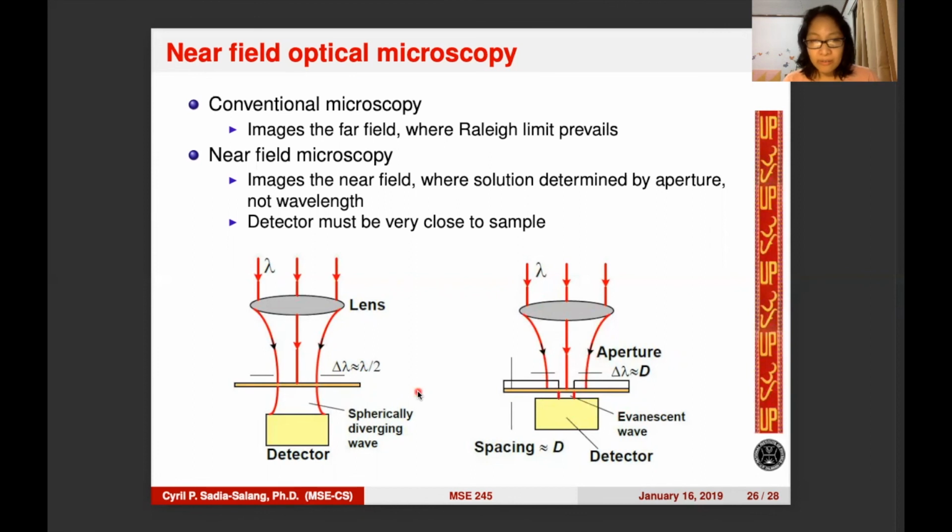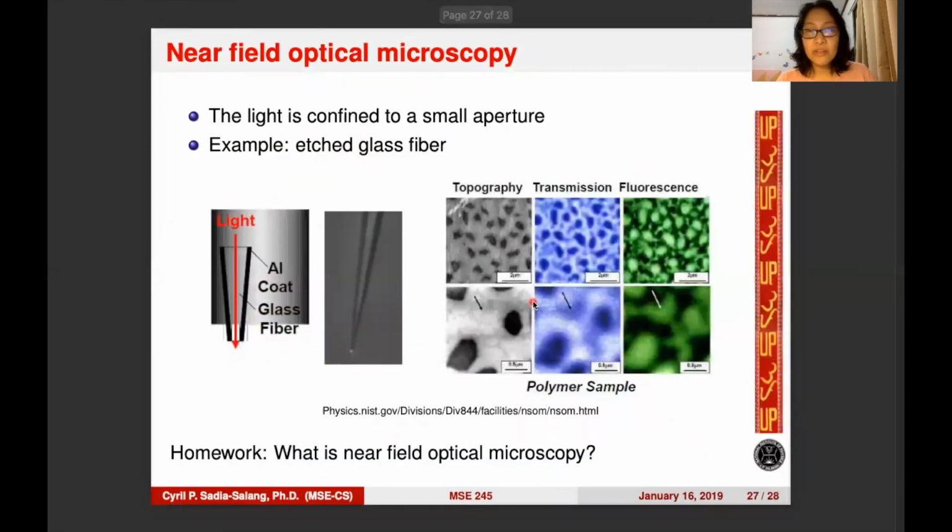Furthermore, in the figures, we have components of the waves of the transmitted photons, the spherically diverging wave, and then the evanescent wave. So again, in near-field microscopy, the light is confined to a small aperture.